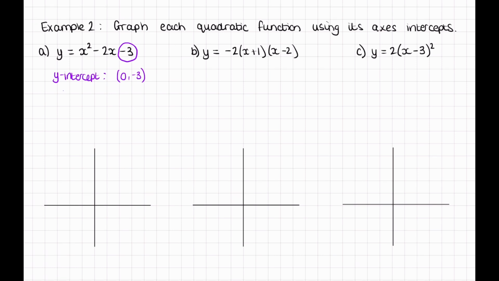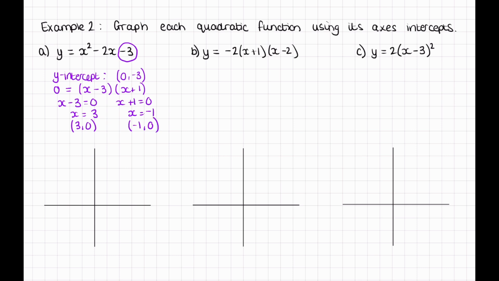I'm just going to factorise because we can do that, and we make it equal 0. When we factorise it, we end up with x minus 3, x plus 1. Then when we solve this, we have x minus 3 equals 0, and x plus 1 equals 0. So our x-intercepts are at 3 and negative 1, and the coordinates will be 3, 0 and negative 1, 0.